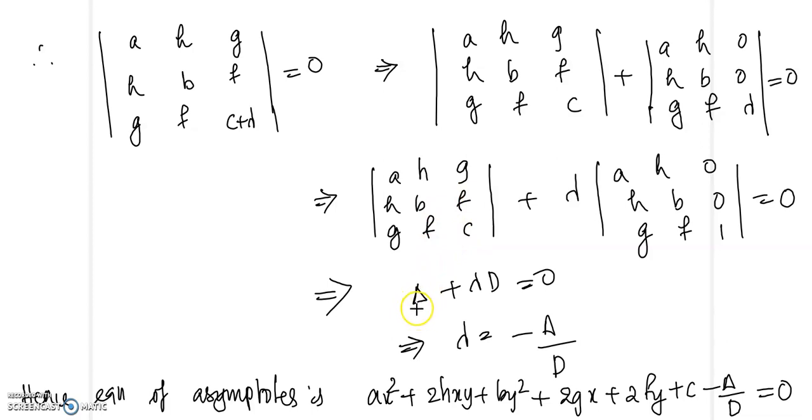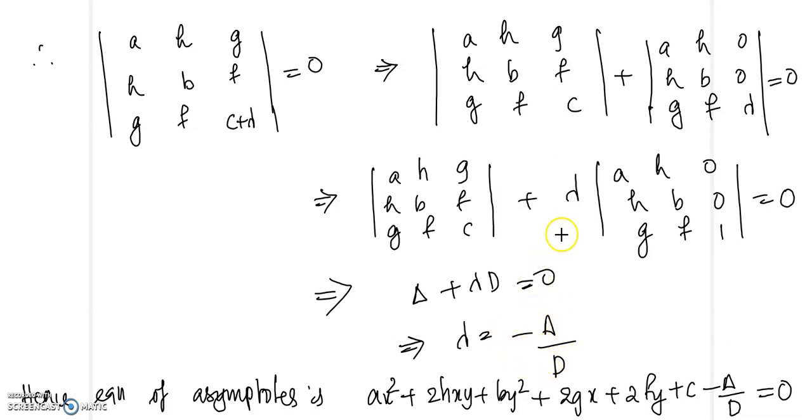When we take the standard conic, this represents delta, and let us denote this determinant by capital D. So we will get delta plus lambda D equal to 0. So from here lambda will be equal to minus delta by D. Now let us substitute this lambda value.